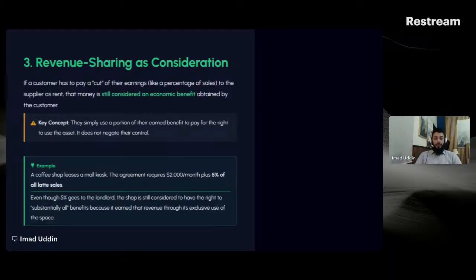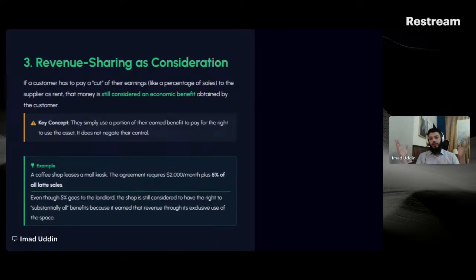Another very important point is that if, for example, I am using a particular machine, let's say an ice cream bar or a coffee machine, and I'm remitting a percentage of the revenue to the owner in addition to a rent, then an argument can be made that I'm not obtaining substantially all the economic benefit because I'm sharing my economic benefits. But revenue sharing as a consideration does not negate the substantially all benefits requirement.